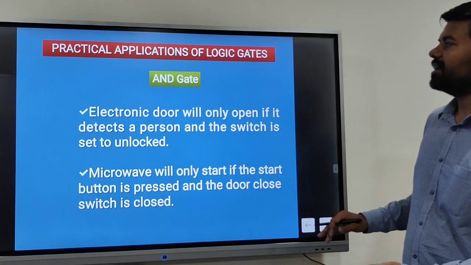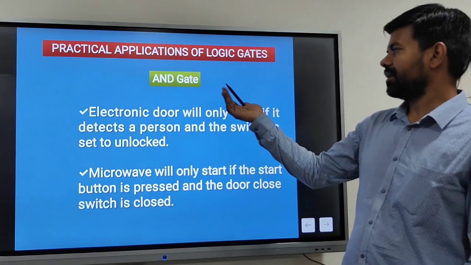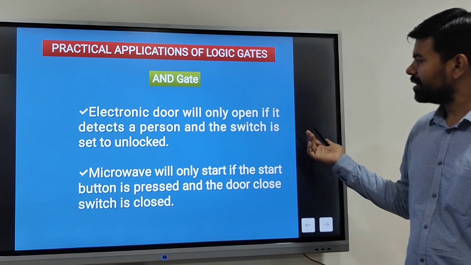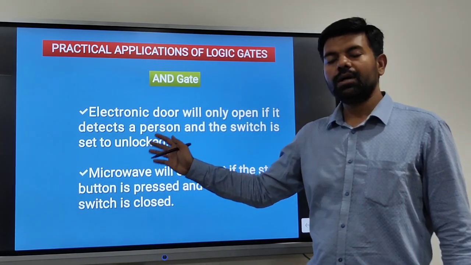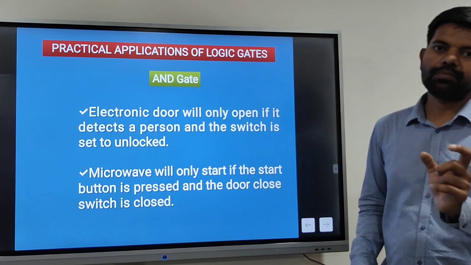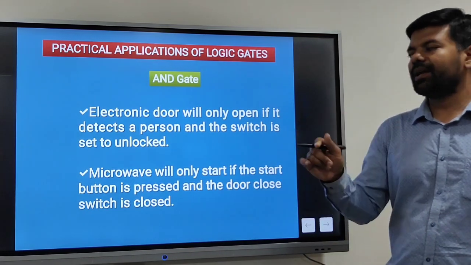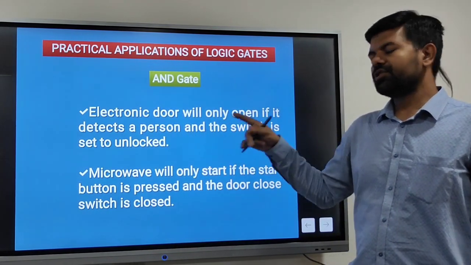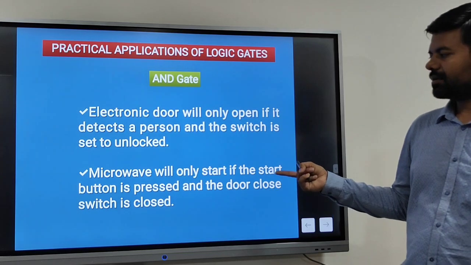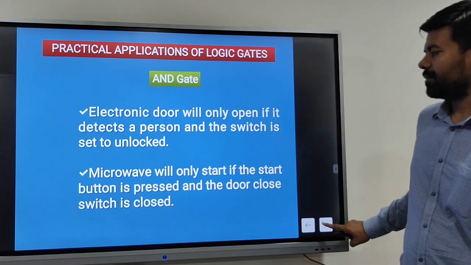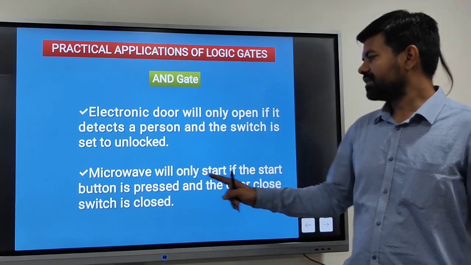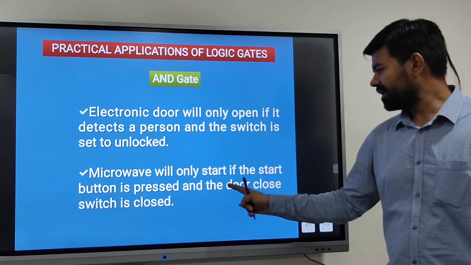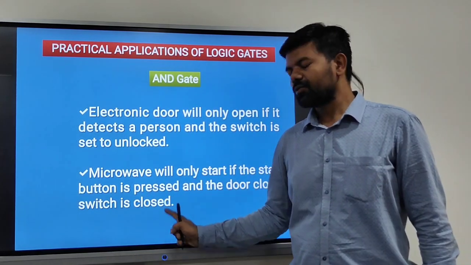Now we will also see the AND gate. An electronic door will only open if it detects a person and the switch is set to unlock. Microwave will only start if the start button is pressed and the door closed switch is closed.